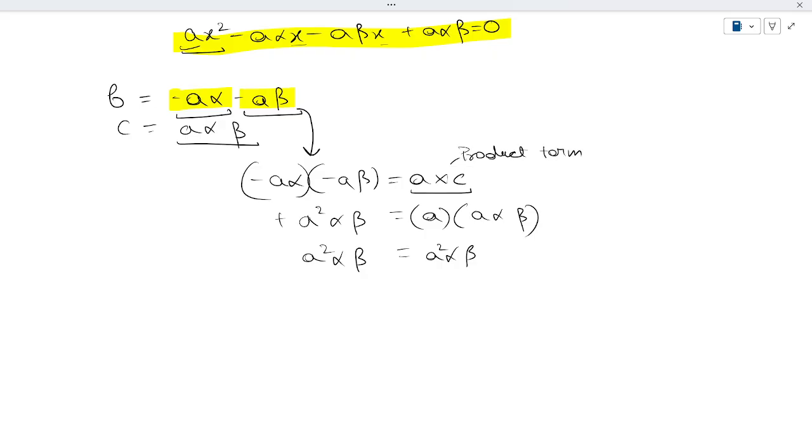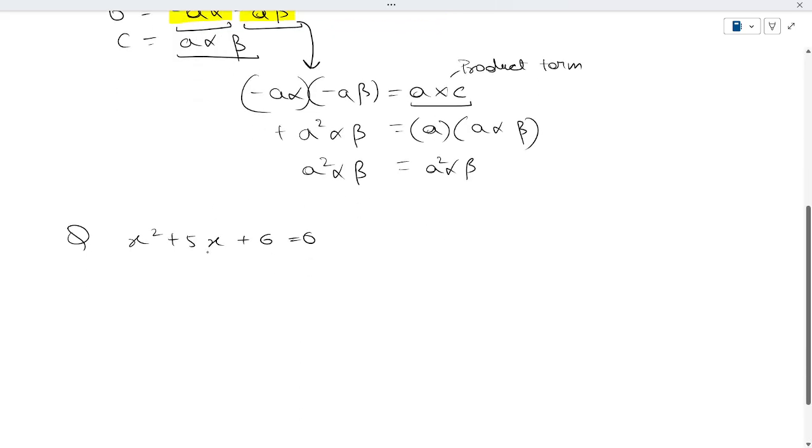Right? If we take one equation, x square plus 5x plus 6 equals to 0. First we have to compare with the standard form ax square plus bx plus c equals to 0.